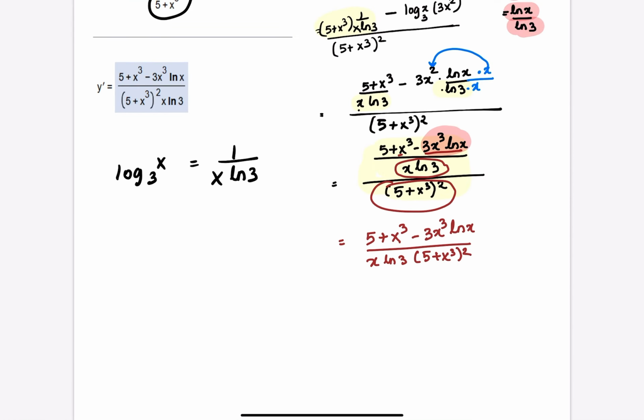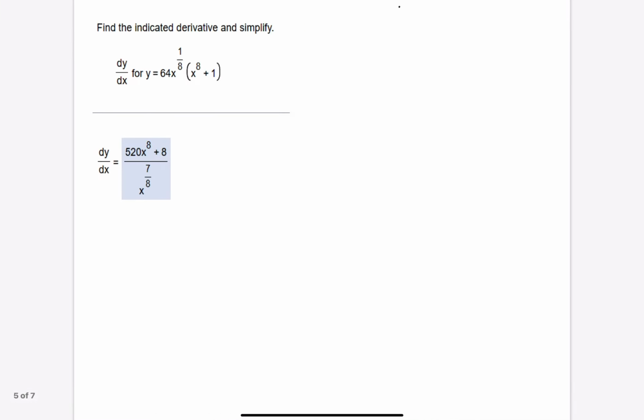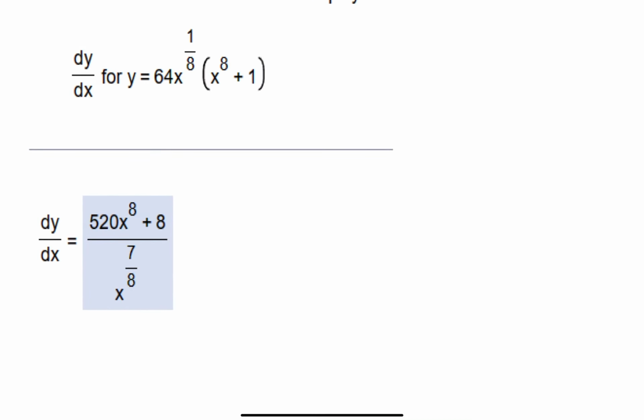All right, so let's go ahead and take a look at the next problem. What do we have here? When I see problems like this, my first thought process is to go ahead and multiply. So I'm not going to do two different things. I'm just going to go ahead and distribute and then work with them together. So now if I multiply, I get 64 x to the power 1 over 8 plus 8.